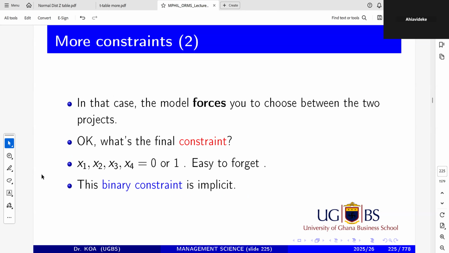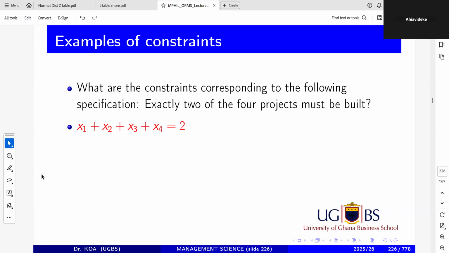So that's x1 plus x2 is equal to 1, because out of the options you've been given, you can only build 1. But what this other question is saying is that we have 4 projects to build, but at the end of the day we want exactly 2, which means that by the time you are done building, we should have 2 facilities.